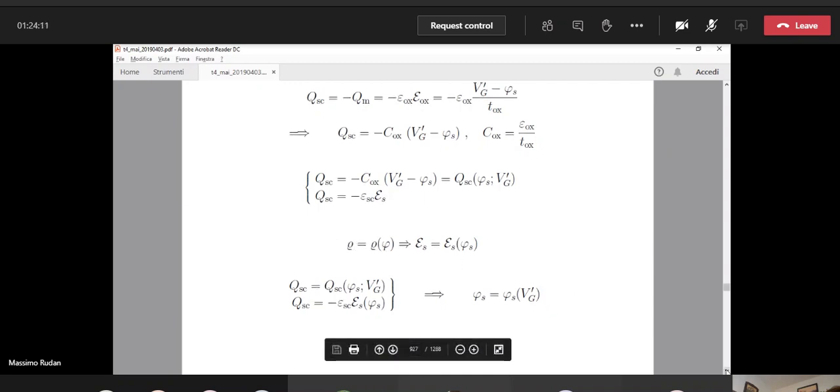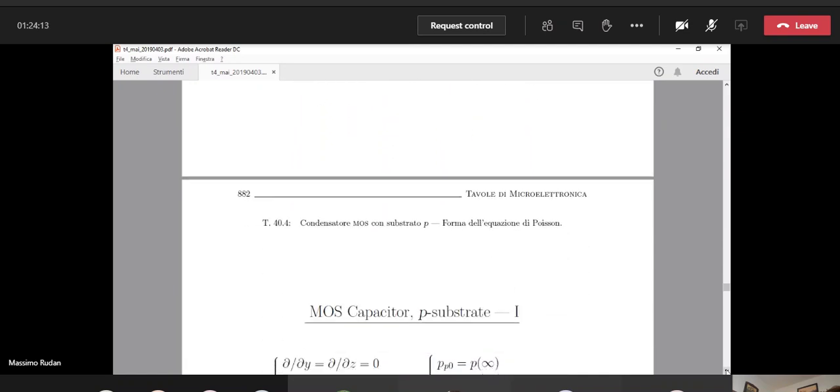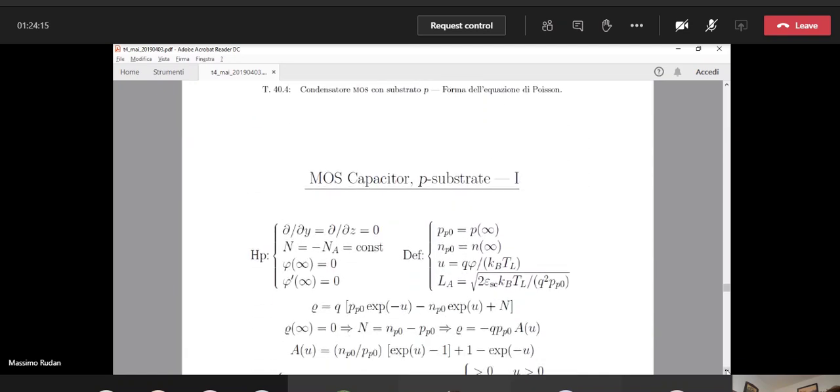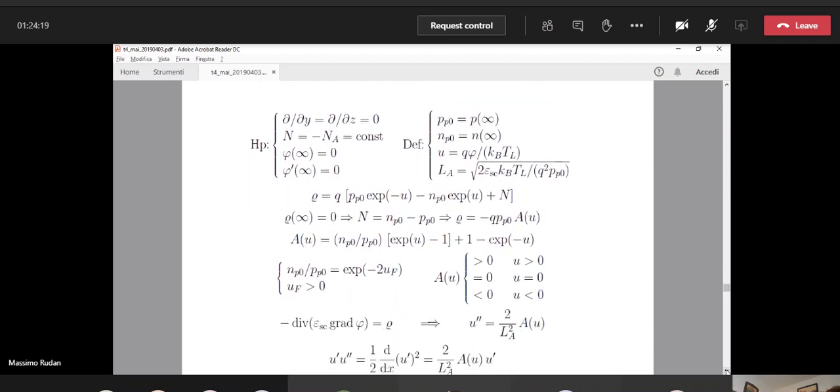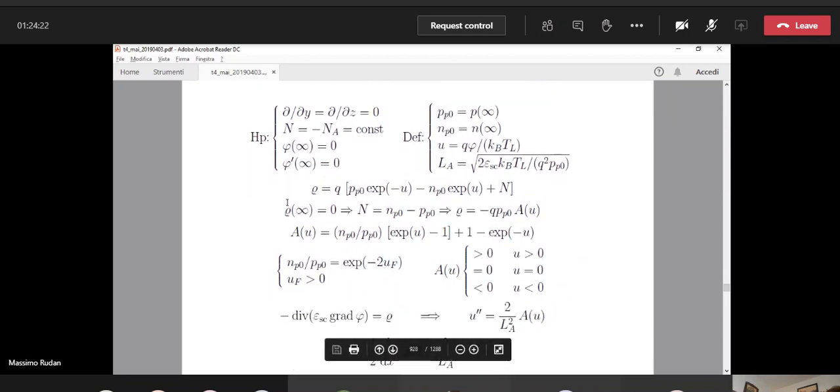It is not so difficult because we know the expression of the charge density in the semiconductor. Before we continue, we must introduce some useful definitions.